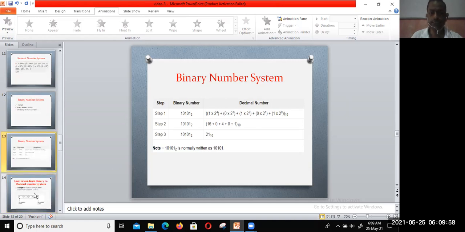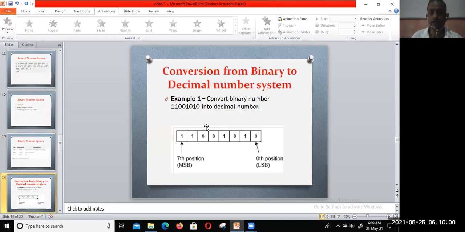So now see an example of conversion from binary to decimal number system. Convert binary number 11001010 into decimal number system.